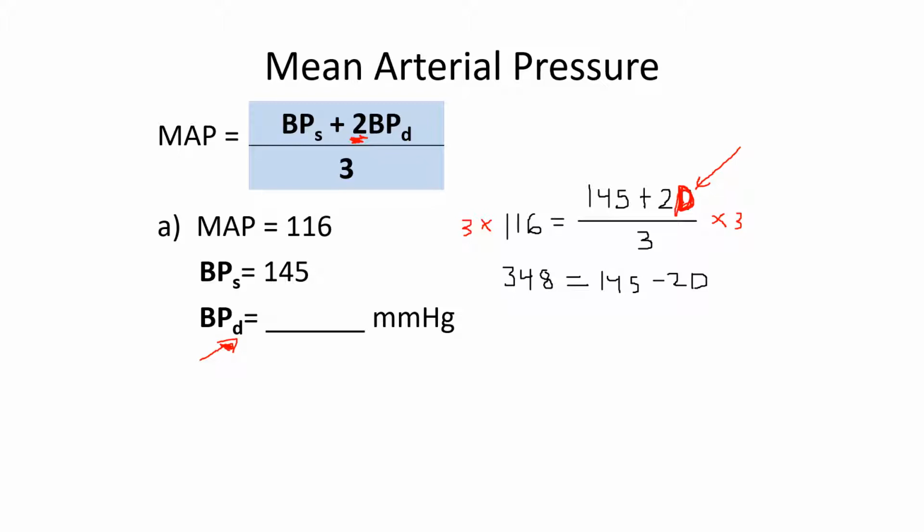So let's make this a positive D. So we'll add 2D to both sides. So D equals about 102.